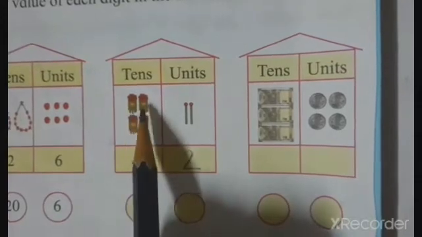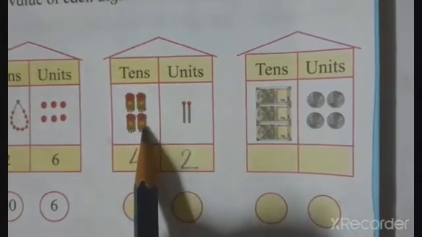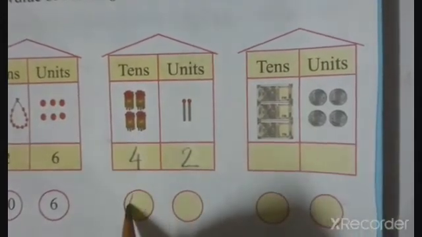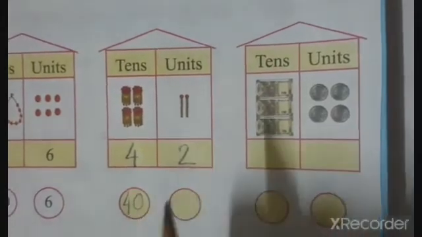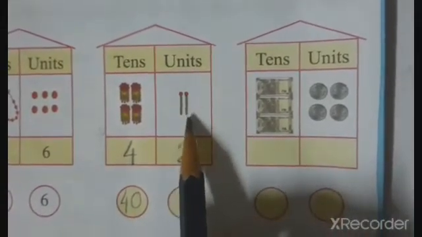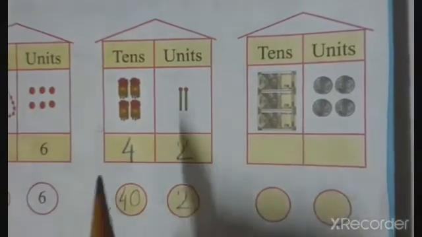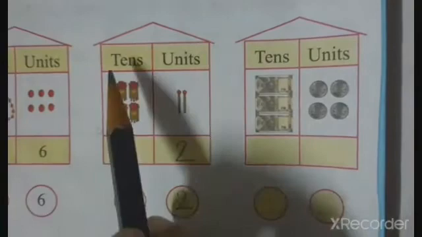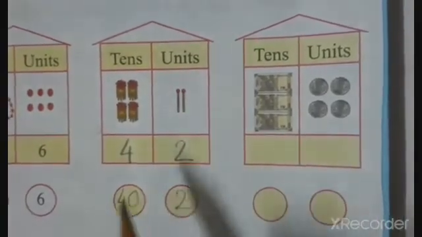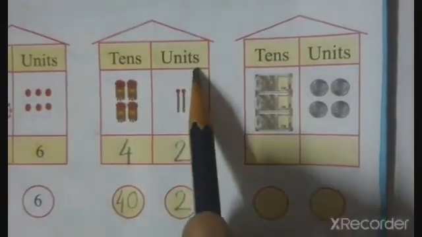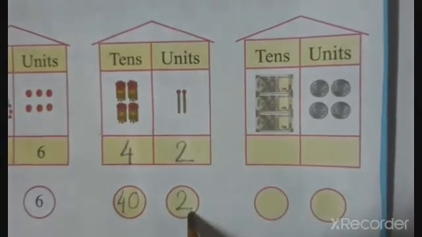So that is 10, 20, 30, 40. Here we write 40. And here there are 2 single sticks, so we write 2. Which means the place value of 4 in the tens place is 40 and 2 in the units place is 2.